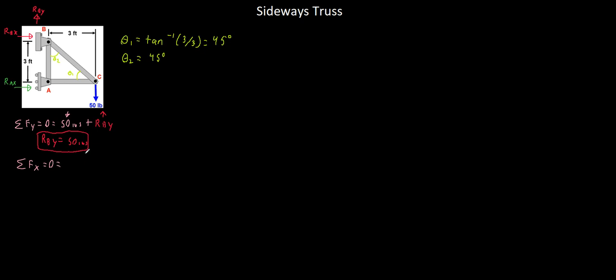We've got Racks, the reactionary force at joint A in the X direction, and we can add that to our reactionary force at joint B in the X direction. And I know that these 2 forces will cancel out. Since there's only 2, I know that they have to be equal to each other to cancel out. Although, if you notice, we don't really know which one is going to the left and which one is going to the right. We don't really have enough information.